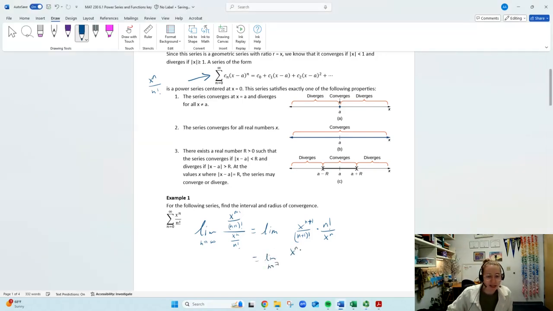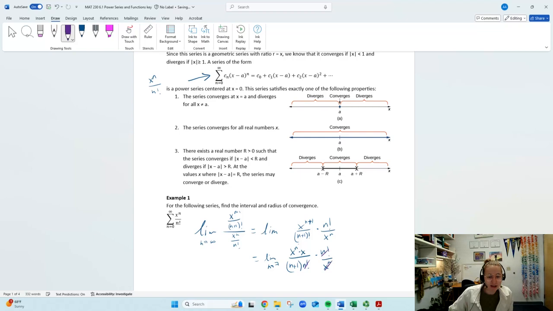So I'll have x to the n times x, and then I can rewrite my n plus 1 factorial as n plus 1 times n factorial, because I want these things to cancel out here.